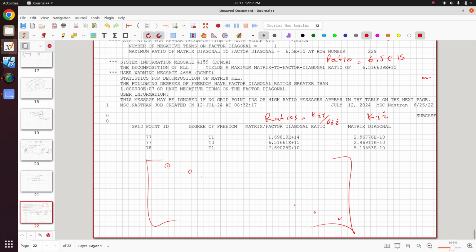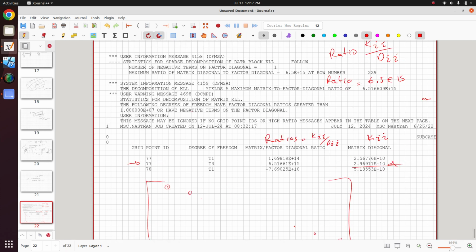At this point, let's focus on this row. Let me just focus on this row for now. If we look at the stiffness matrix, at row 229, I'll put 229 here, the stiffness at that row, column 229, is going to be equal to 2.969E10.